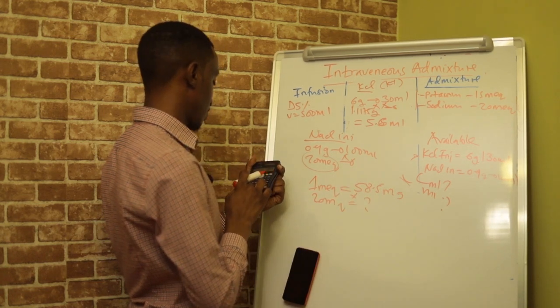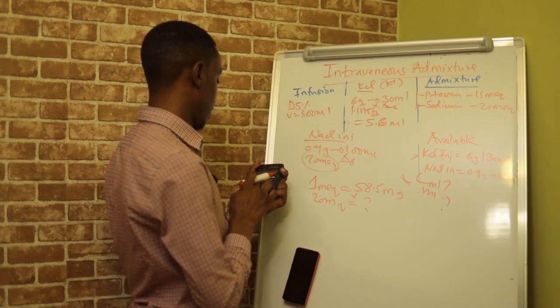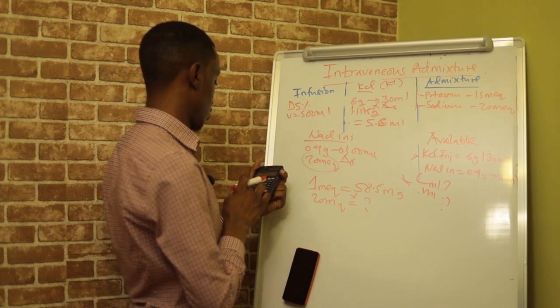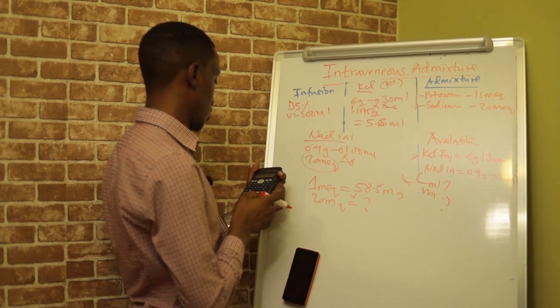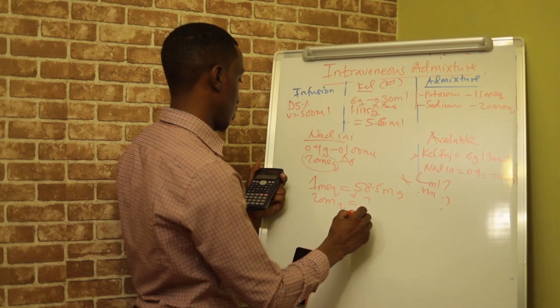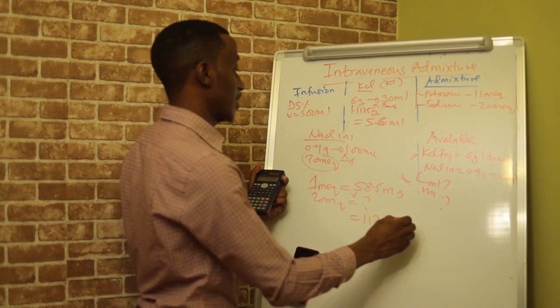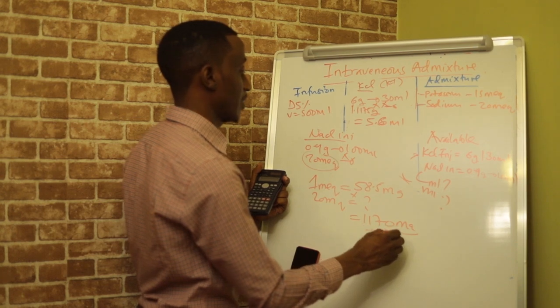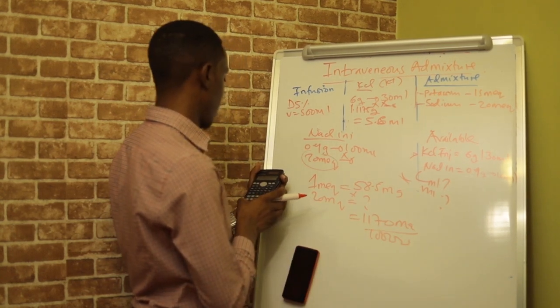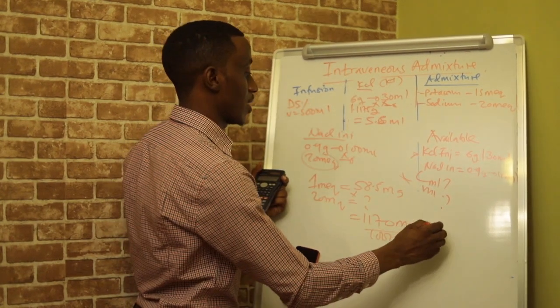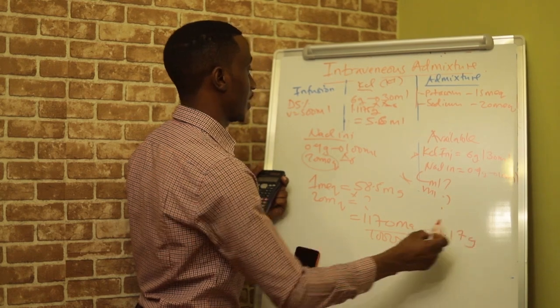Okay, this is 58.5 times 20 MEq. Then this is 1170 milligrams. Obtaining grams, divided by 1,000, that is 1.17 grams.